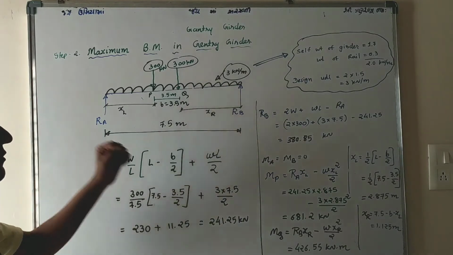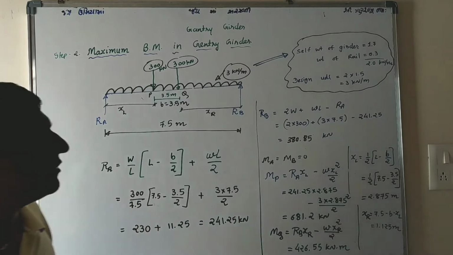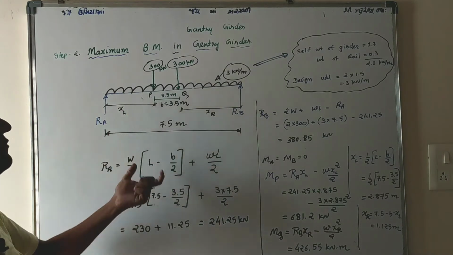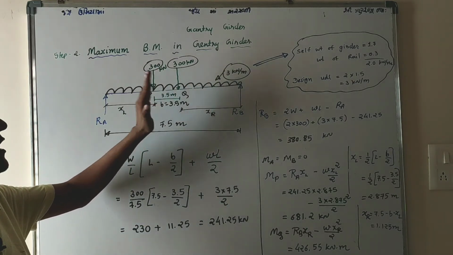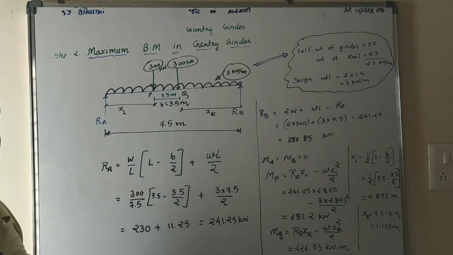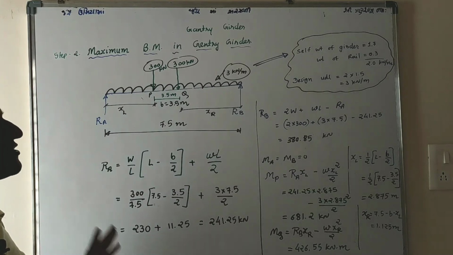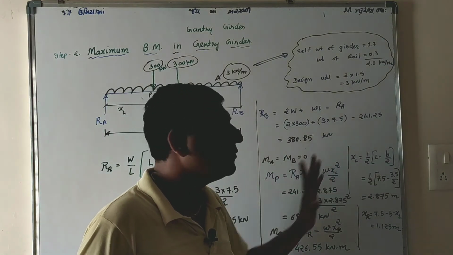Very simple, nothing else you have to remember. The centroid option and the condition of alignment of your CG of length of girder and CG of your loading, all these things you can exclude from this equation, 1 by 2 L minus B by 2.